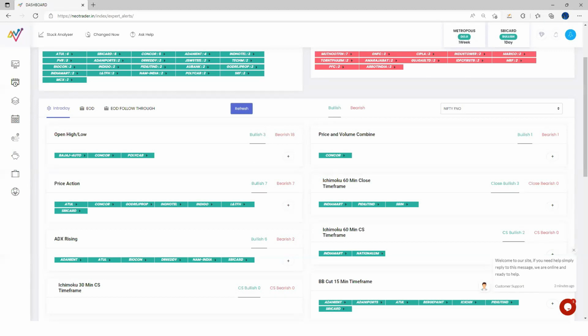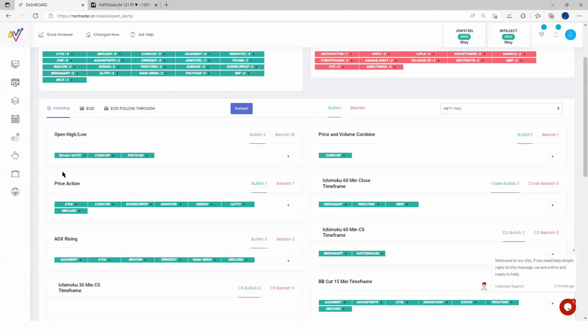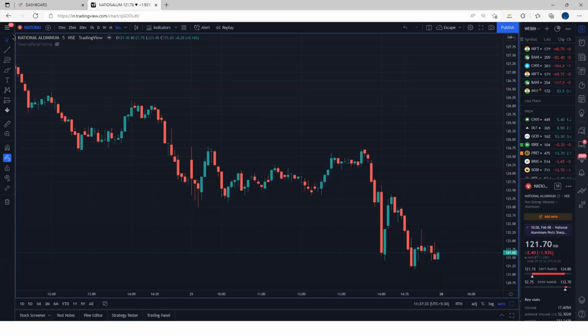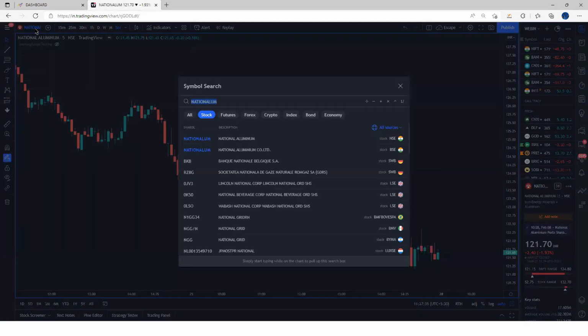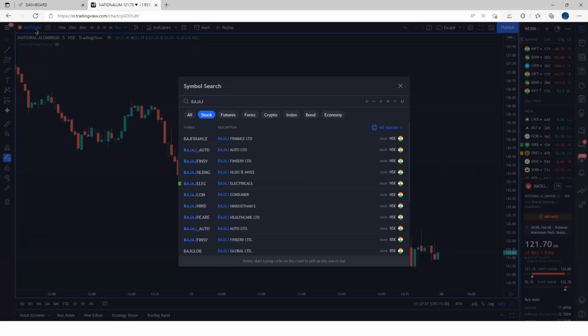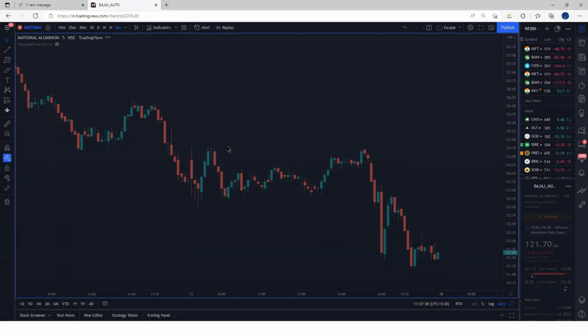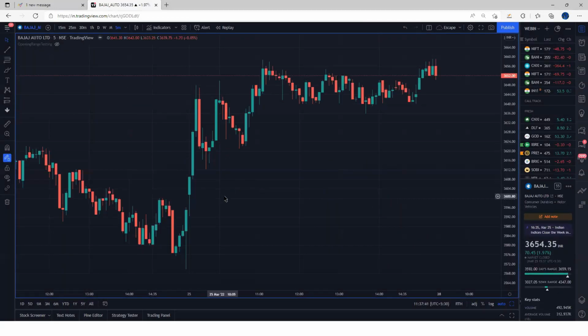So for example, suppose you get your open is equal to high. All right, so you go here. What stock are we seeing here? We are seeing here Bajaj Auto. So go here. Go to Bajaj Auto, and you can see here that there is a movement in Bajaj Auto.